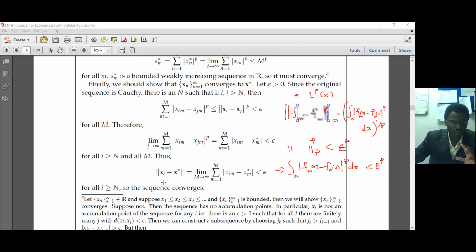Okay, so, oh yeah, that one is between the infinity norm and the 2 norm. Because if you show that the infinity norm is a Cauchy sequence, you use that directly to show that L2 is also a Cauchy sequence. It's a Banach space, sorry.